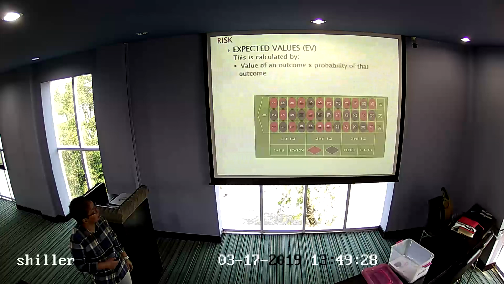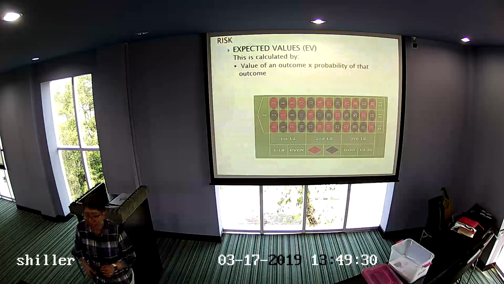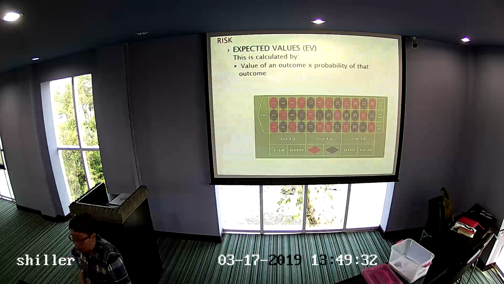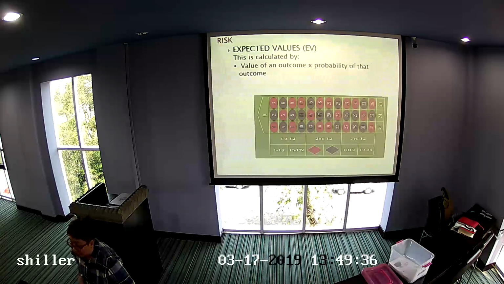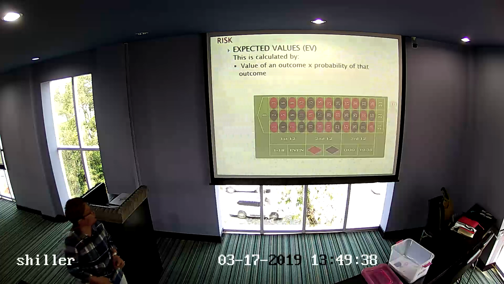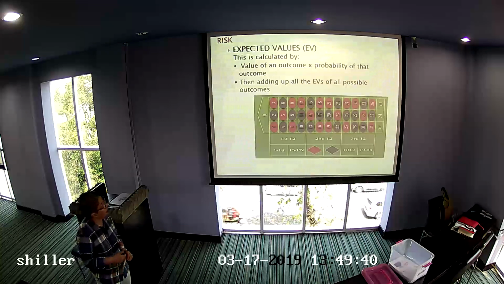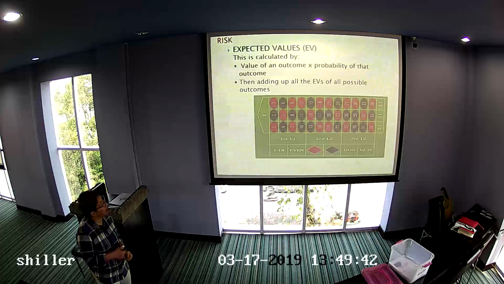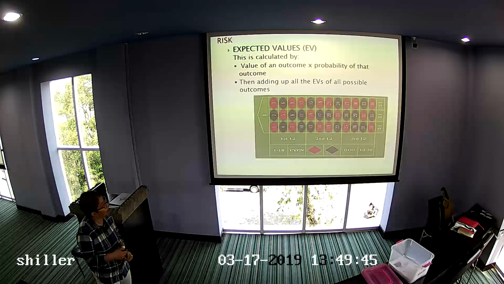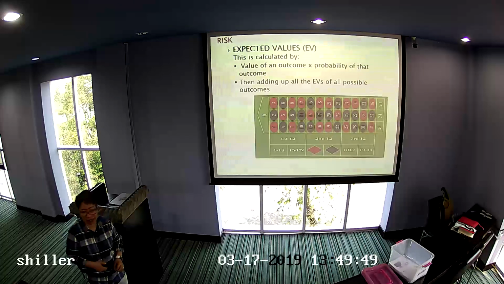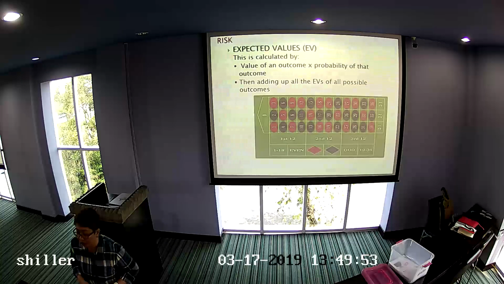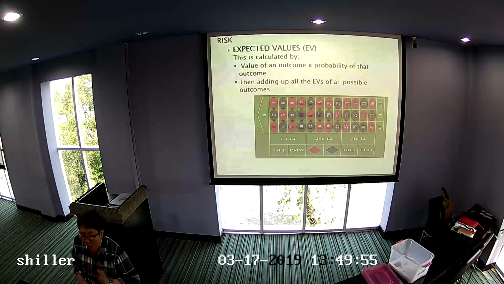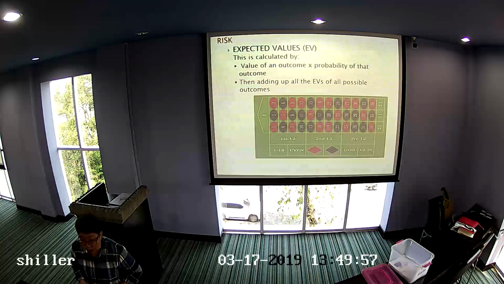I calculate expected value. You calculate by taking the value of the outcome, multiply by its probability. Okay? Now, don't worry. Let me explain to you. Then after that, once you multiply the outcome by the probability, you add all the EVs of all the possible outcomes, and that is your result. Okay? That is probably what you're going to come up with.